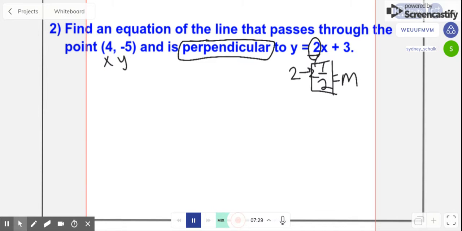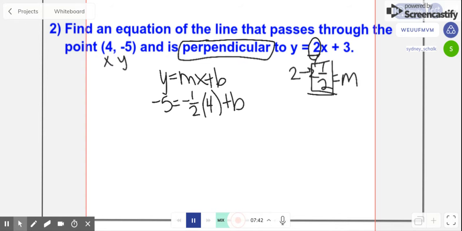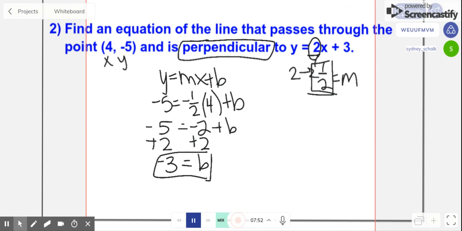So we use our y equals mx plus b equation. We plug in our -5 for y, our -1/2 for m, our 4 for x, and we solve for b. Here we get -2 plus b equals -5 and add 2 to both sides, giving us b equals -3.